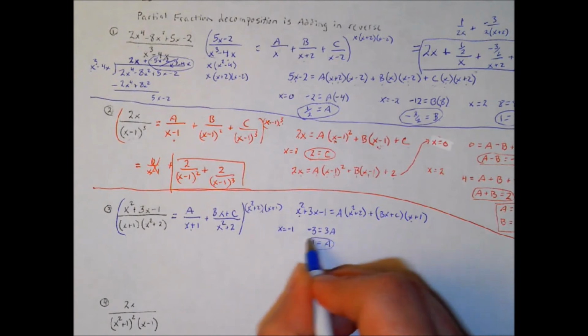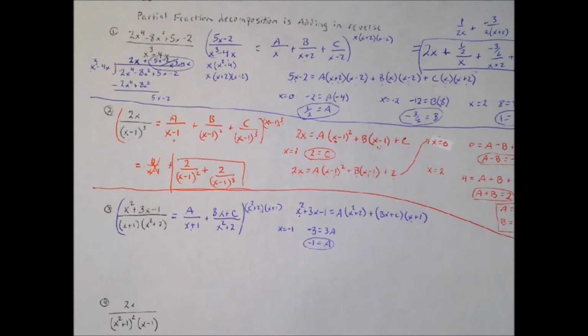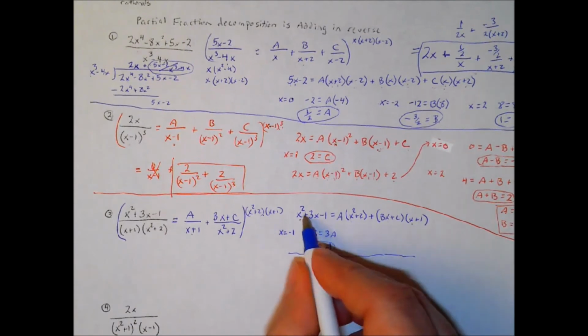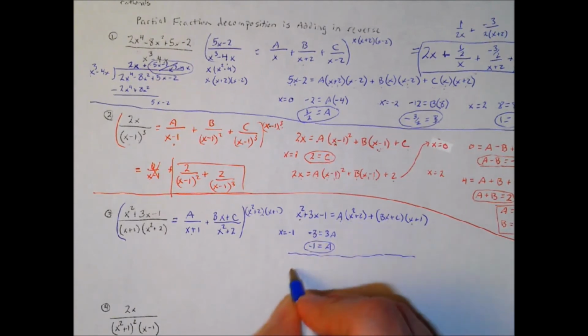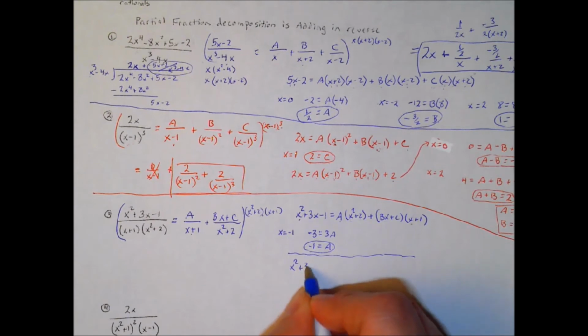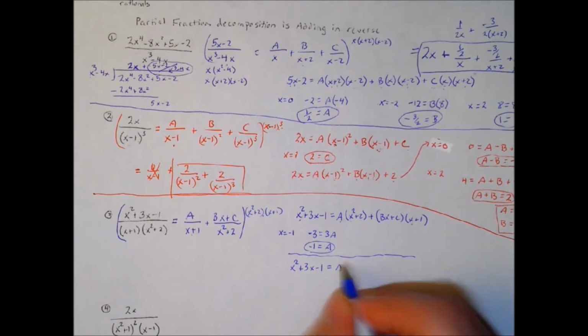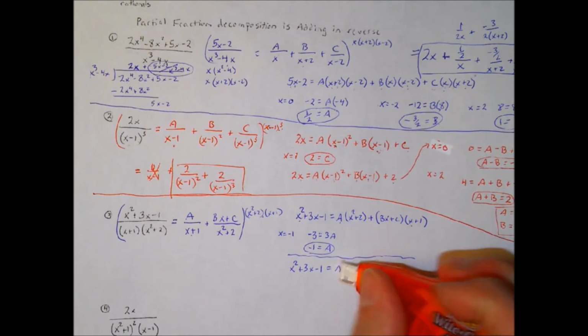Okay, now, if I take that negative 1 and plug it in up here, I'd have the equation x squared plus 3x minus 1 equals negative x squared minus 2.